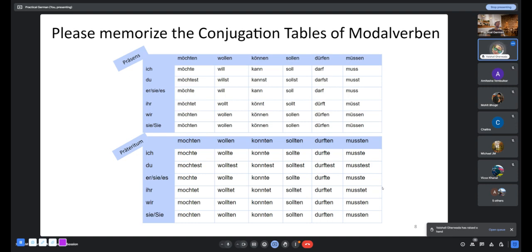Ich soll, du sollst, er, sie, es soll, ihr sollt, wir sollen, sie sollen. Ich darf, du darfst, er, sie, es darf, ihr dürft, wir dürfen, sie dürfen. Ich muss, du musst, er, sie, es muss, ihr müsst, wir müssen, sie müssen.